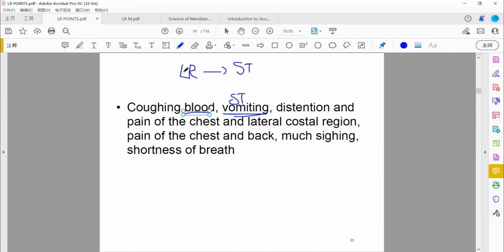We can still use the five elements to explain why the liver will affect the stomach or spleen, right? This one's wood, this one's earth. Right, wood and earth. What's the relation between wood and earth? Anyone?